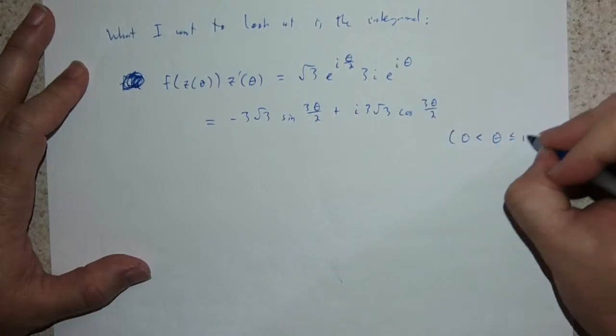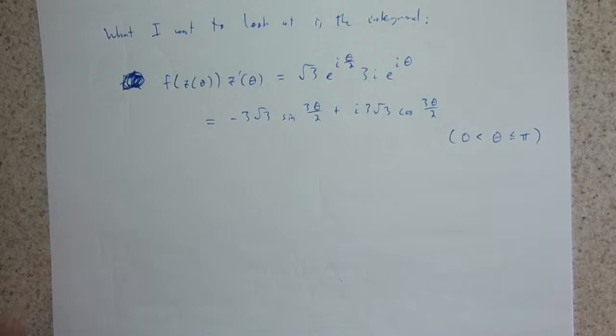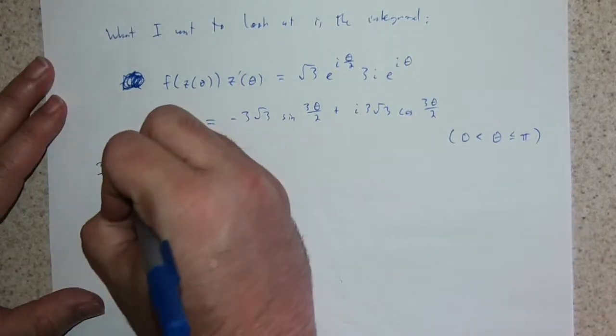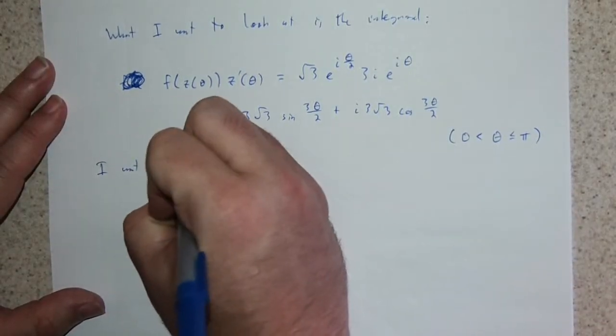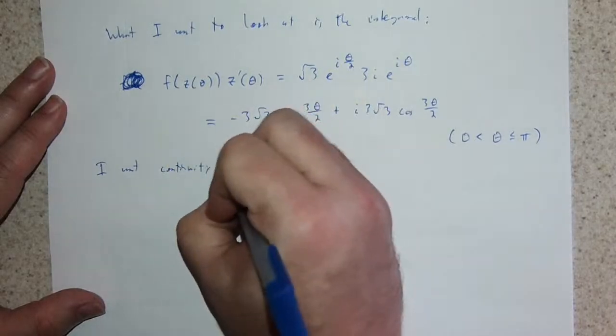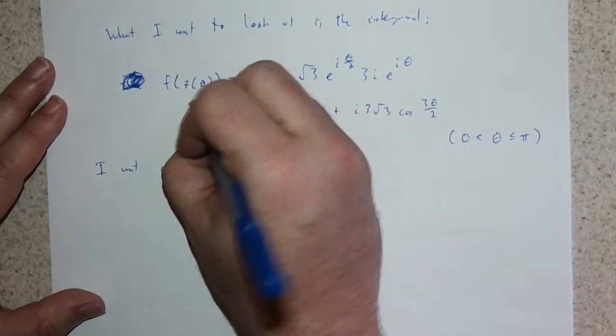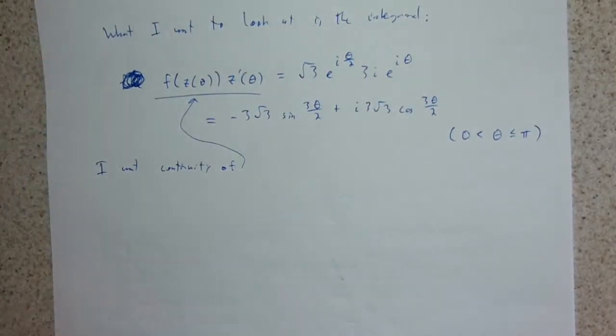Okay, and theta is defined between 0 and pi, but not including 0, so I want to check the continuity of this thing. Although, as I said, we can actually be happier in general with less than that. But I need continuity of this thing. In this case, I have it.